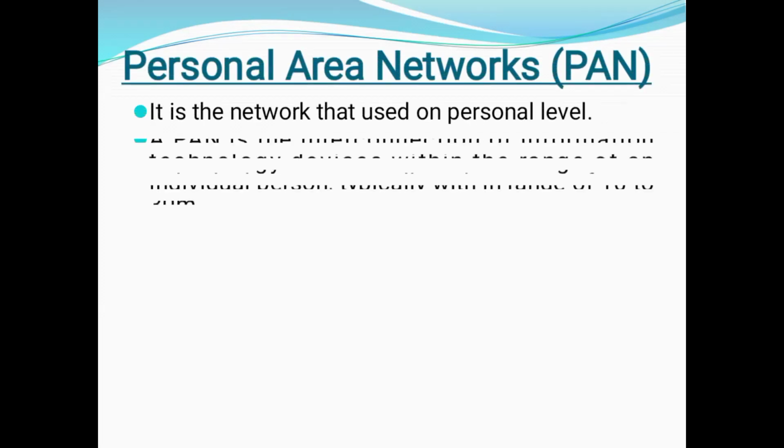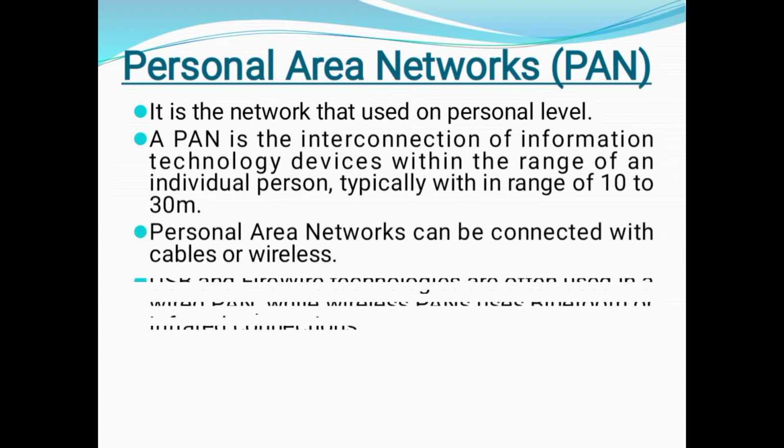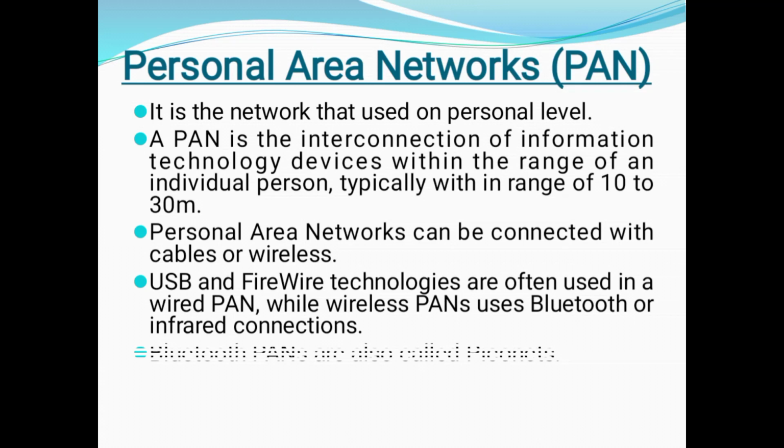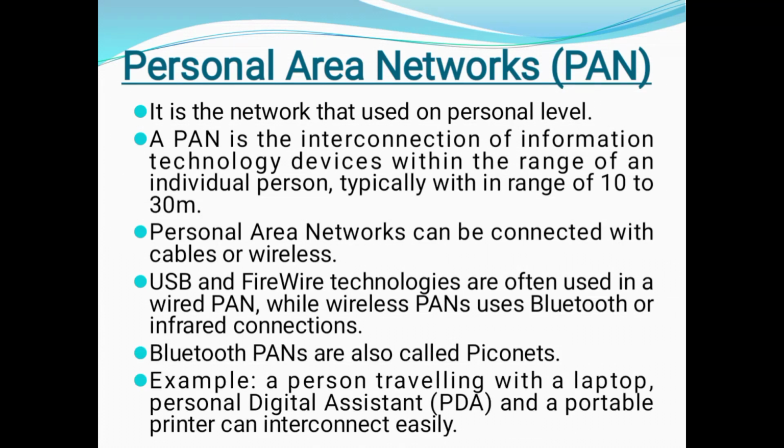Personal area network. It is a network that is used on a personal level. A PAN is an interconnection of information technology devices within the range of an individual person, typically within the range of 10 to 30 meters. Personal area networks can be connected with cables or wireless. USB and FireWire technologies are often used in wired PANs, while wireless PANs use Bluetooth or infrared connections.